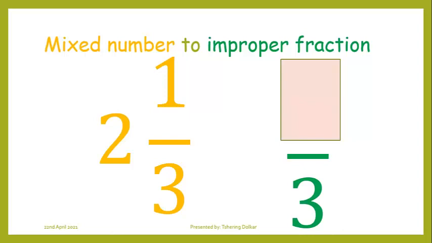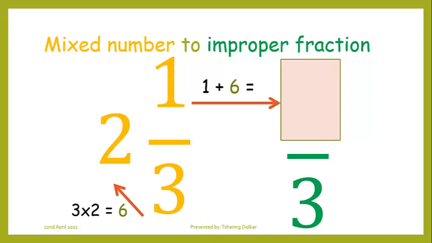Then we have a formula, that is denominator multiplies with the whole number. 2 threes are 6, and then we add the numerator. 6 plus 1 equals 7.